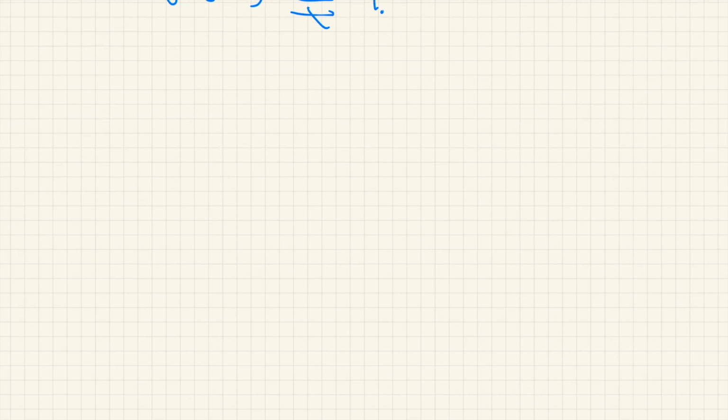So a map can be injective or surjective or both injective and surjective. Okay? So injection and surjection are not mutually exclusive concepts.